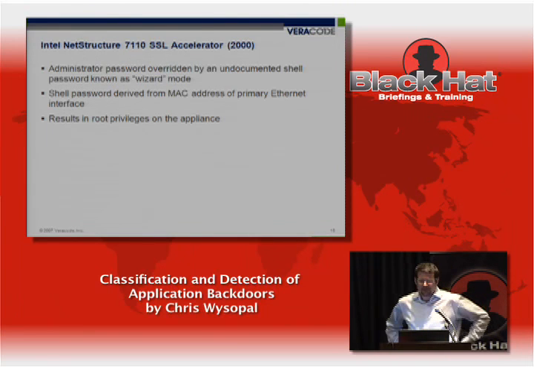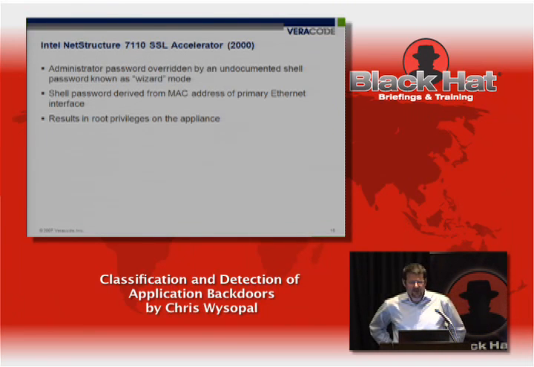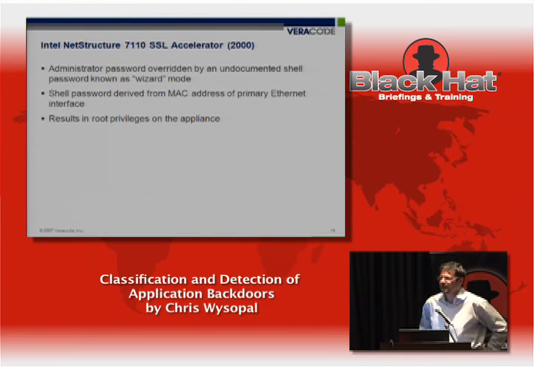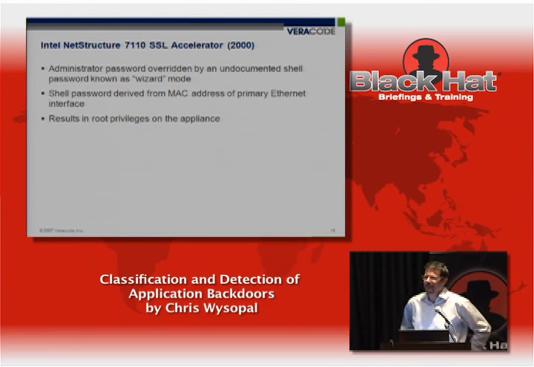The second example was found through binary analysis. A colleague of mine at Stake, Brian Hassick, and I got one of these NetStructure SSL accelerators in, and we wanted to figure out how it worked and see if it had any vulnerabilities.